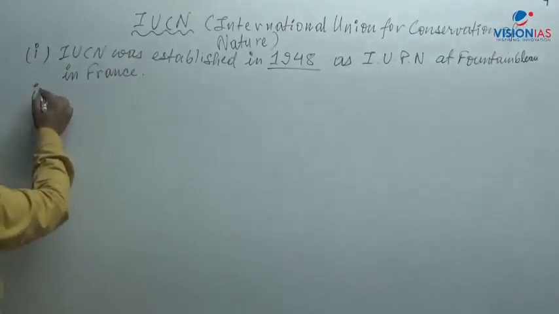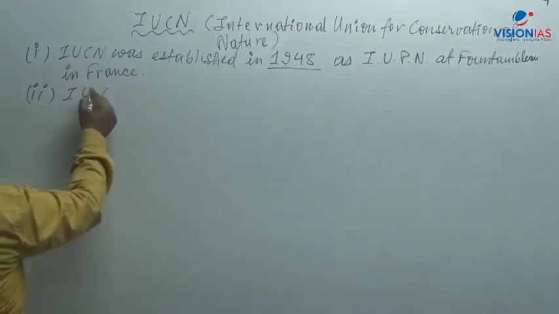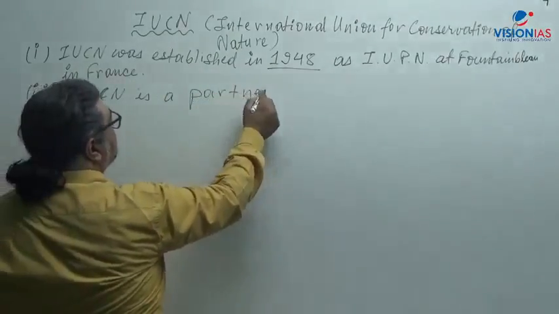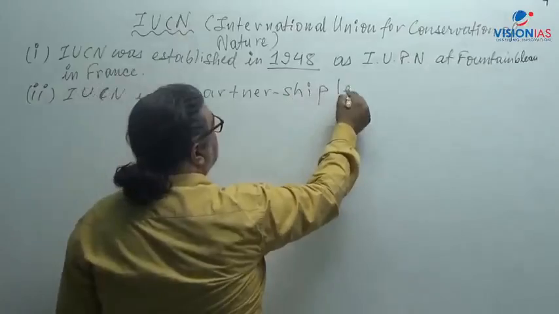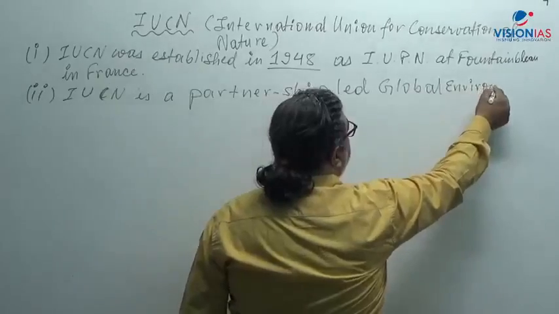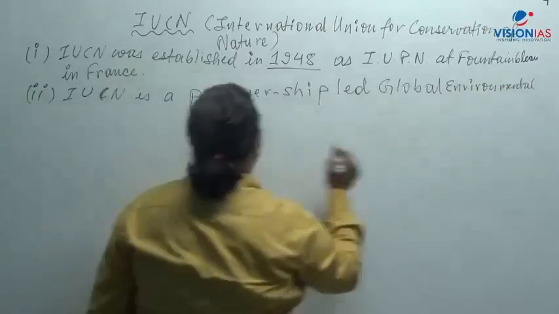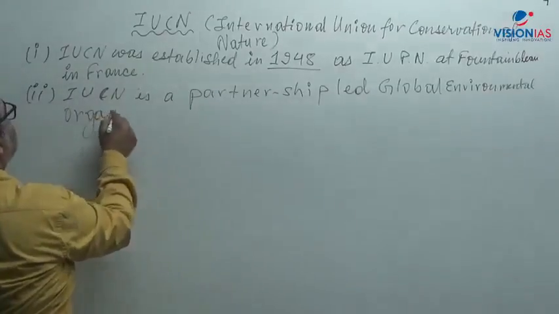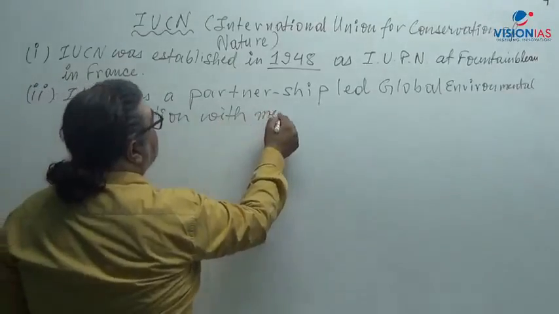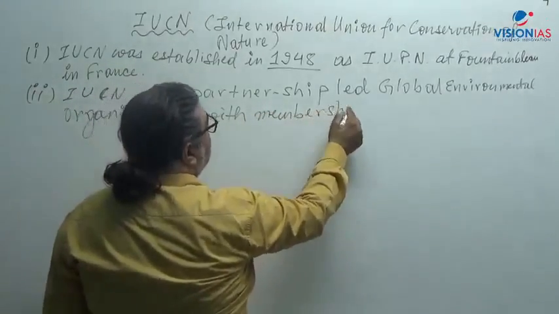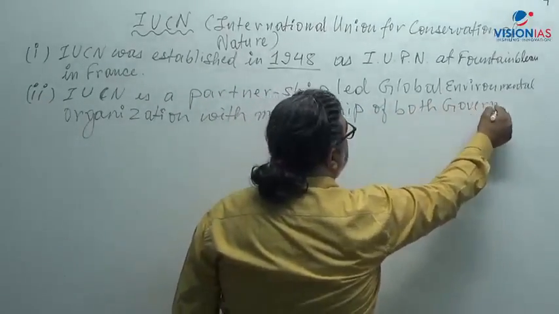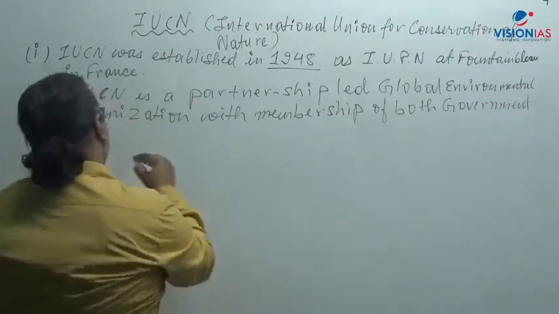IUCN is a partnership-led global environmental organization with membership of both government and non-government organizations.